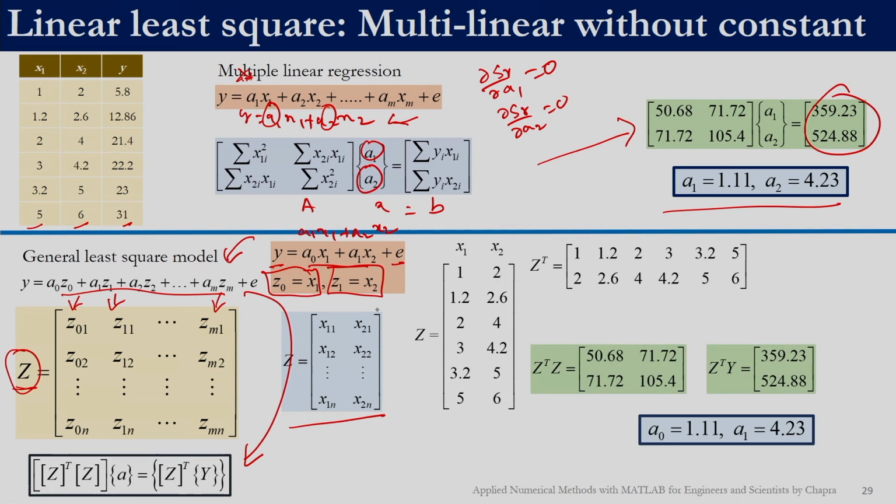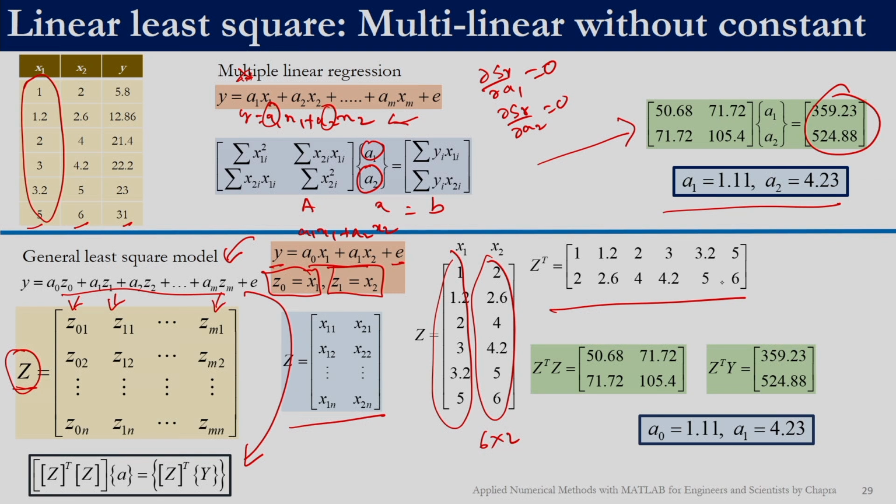So, for the current problem, the x1 column, all the 6 points have to be stacked over here. Similarly, the x2 variable has to be stacked over here. So, we get a 6 by 2 matrix. So, this is the Z transpose. Once we do Z transpose Z, we will get a 2 cross 2 matrix, and again we can calculate Z transpose Y. If we calculate Z transpose Y, we will get this right hand side vector.